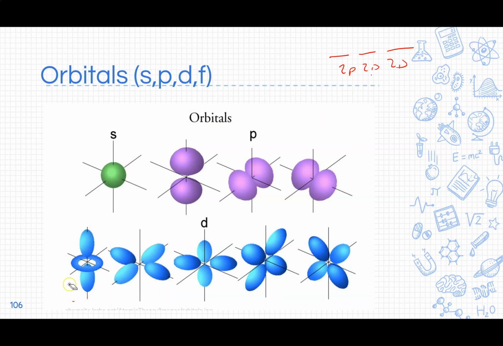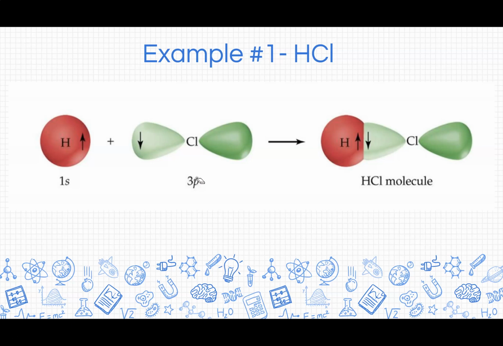Now what happens here is, here's HCl. Hydrogen is just 1s1. Right? So here's an s orbital that's spherical, and there's 1 electron on it. Chlorine, of course, is 1s2, 2s2, 2p6. And here is like the 6th electron in that p orbital.